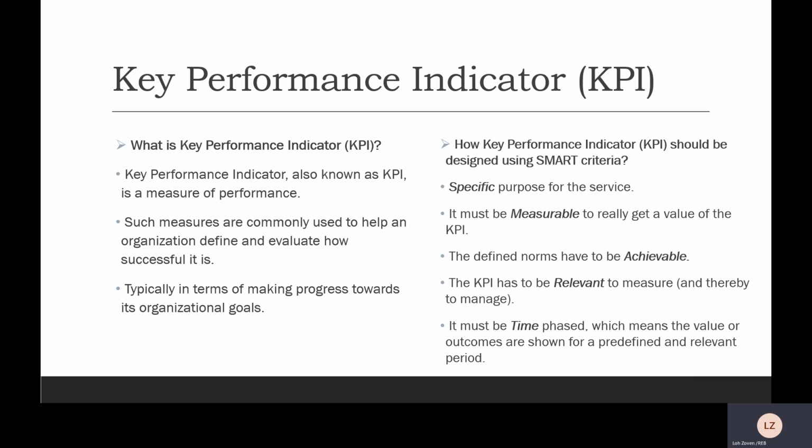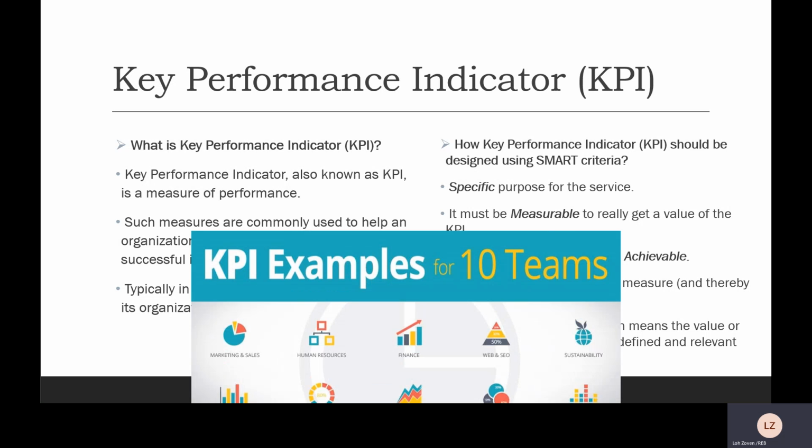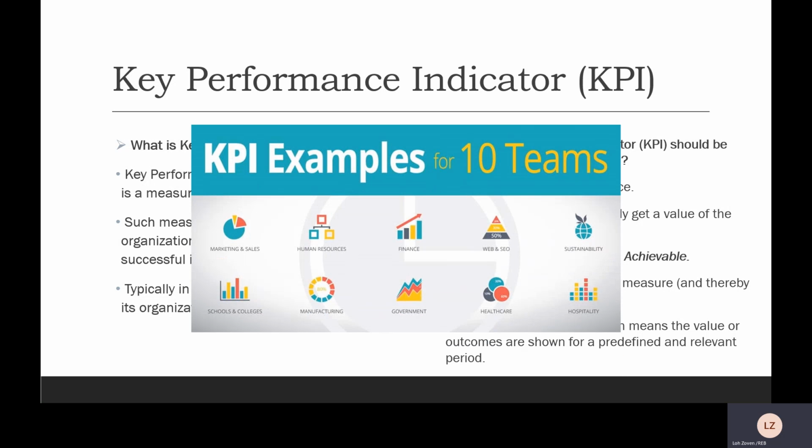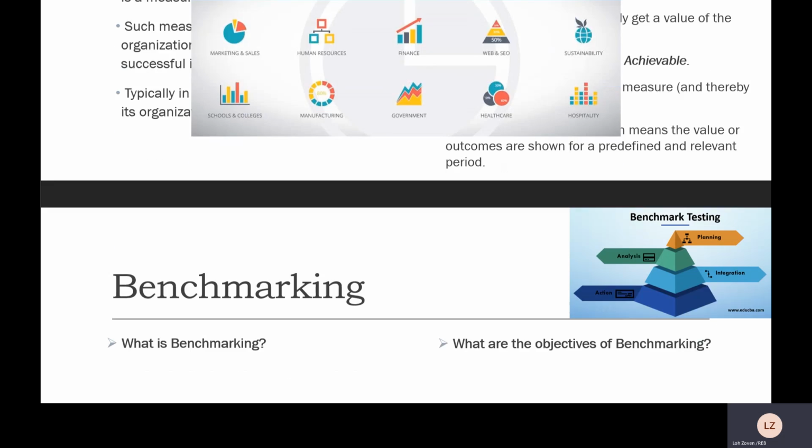If you do that way, the report that you get would not be accurate for you to improve your firm in future. So like what I said just now, KPI can be used in almost every department in the firm.